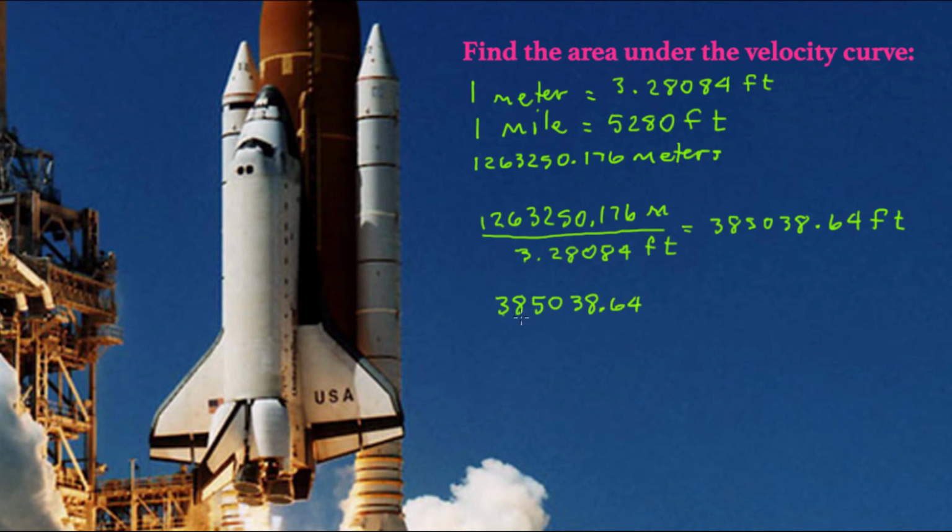So what I'm going to do is I'm just going to take this number, this 338,038.64 feet. I'm going to divide it by the number of feet in a mile. That'll get me my miles. So that's 5,280. And when I punch that into my calculator, I get 72.9 miles.